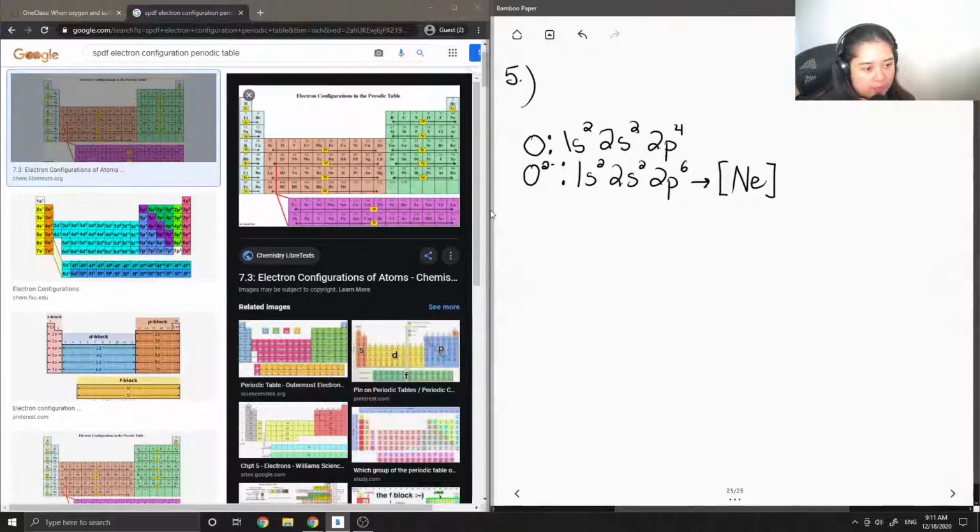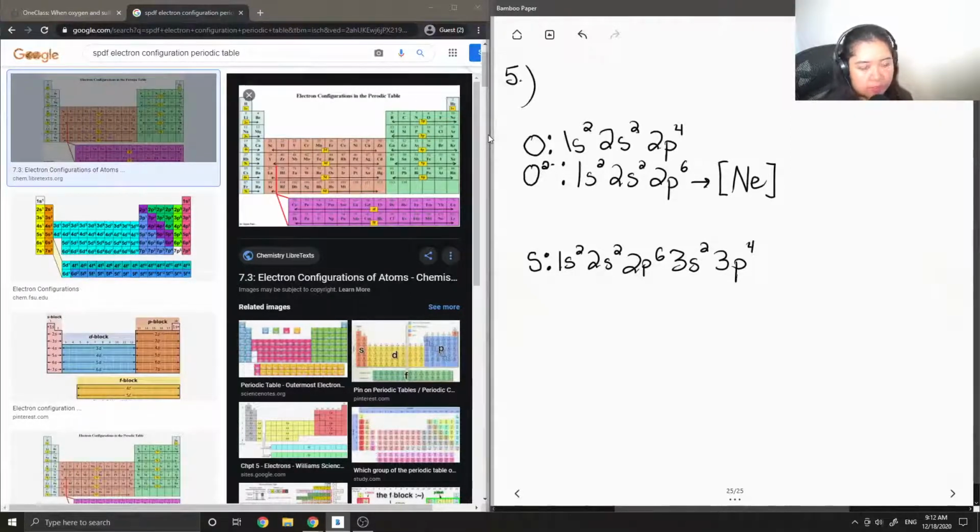So let's try to do the same thing for sulfur. The electron configuration of a neutral ground state sulfur atom would be 1s2, 2s2, 2p6, and then moving on to the third row, we have 3s2, and then 3p, and we also count 4.